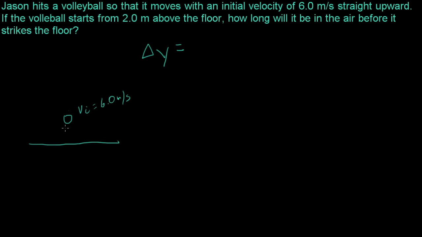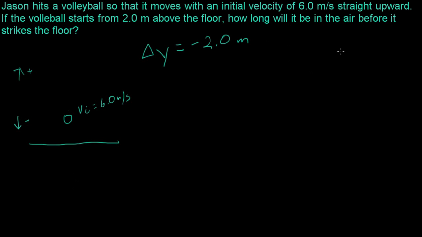And if it starts 2 meters above the floor and it ends up on the floor, then the change in y, the change in position, is going to be negative 2 meters. Why is it negative 2 meters? Because generally, much like a coordinate plane, we define up as positive and down as negative.